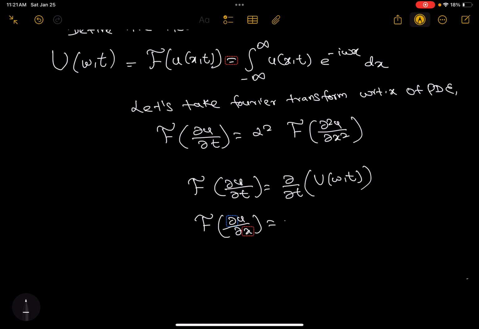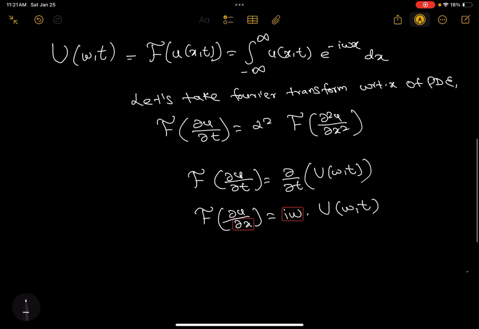This will just be i omega times the Fourier transform of small u, which is capital U, a function of omega comma t, right? So basically, i omega times the Fourier transform of this function u of x comma t. The thing that happens is when you have the derivative, we get the integral of this function along with i omega in front of it.